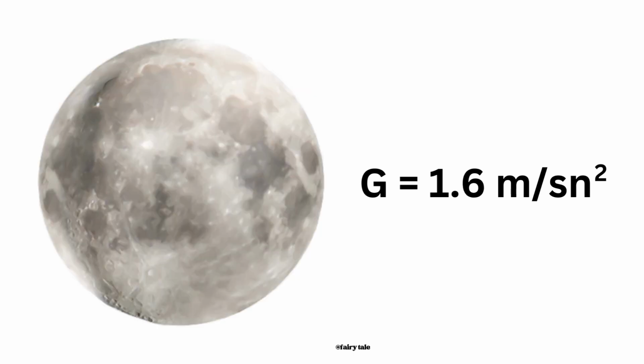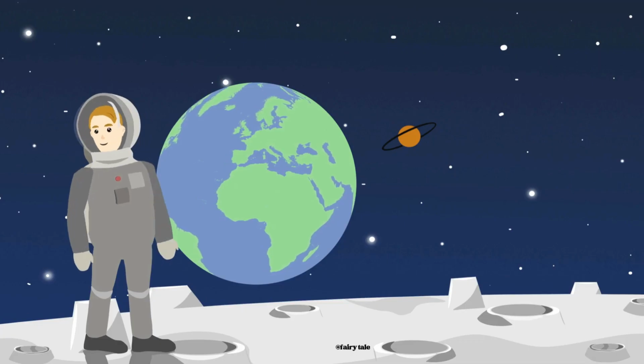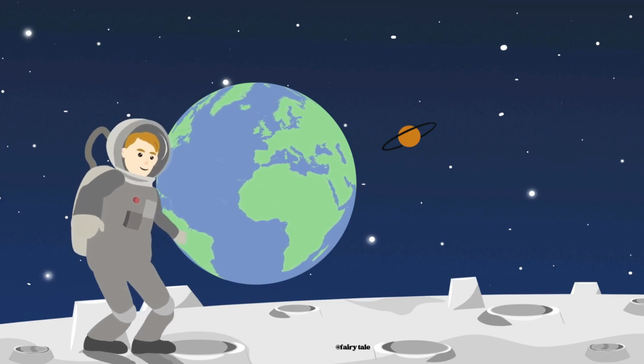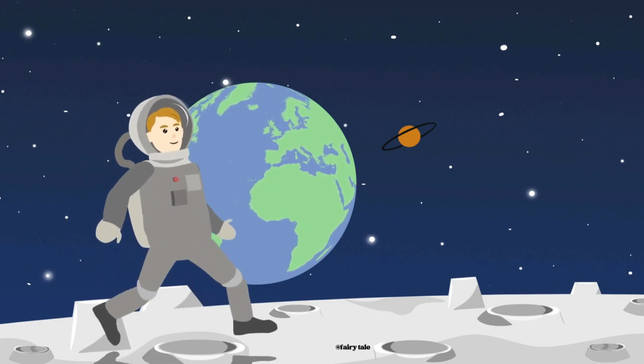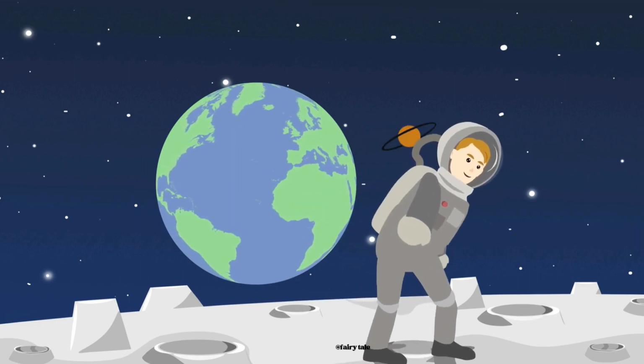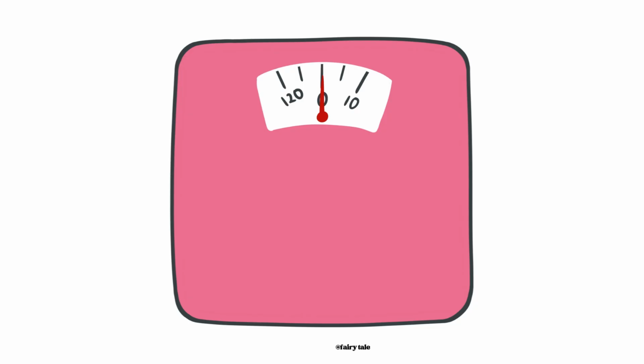The Moon's gravitational acceleration is approximately 6 times lower than Earth's. The Moon's gravitational acceleration is about 1.6. This makes people feel lighter and move more easily on the Moon than on Earth. This is why astronauts can move more easily on the Moon, feeling as if they are walking with a light bounce. Let me explain it this way.